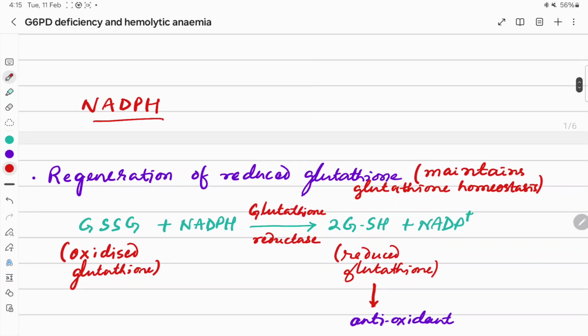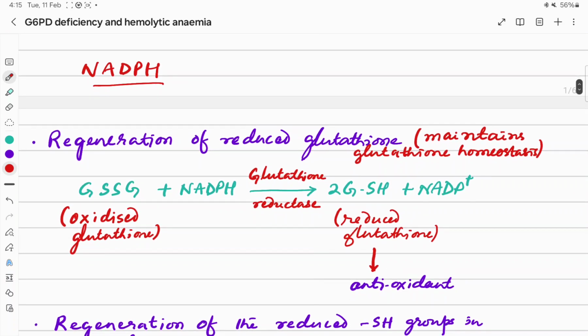And if you see how it shows its antioxidant action, number one, it causes regeneration of the reduced glutathione. It maintains the glutathione homeostasis. It converts the oxidized glutathione with disulfide bond to the reduced glutathione.